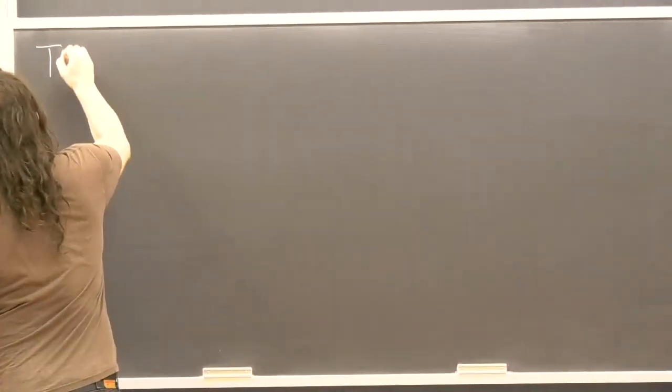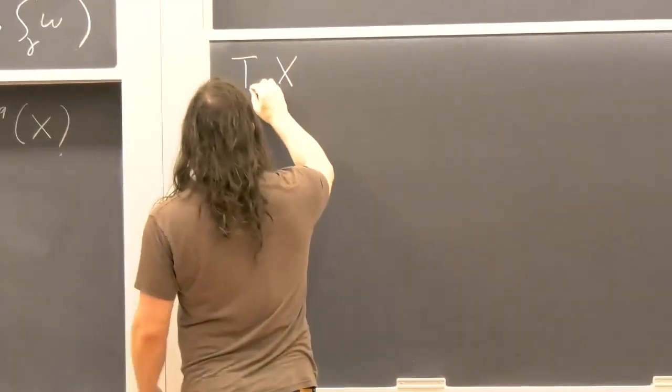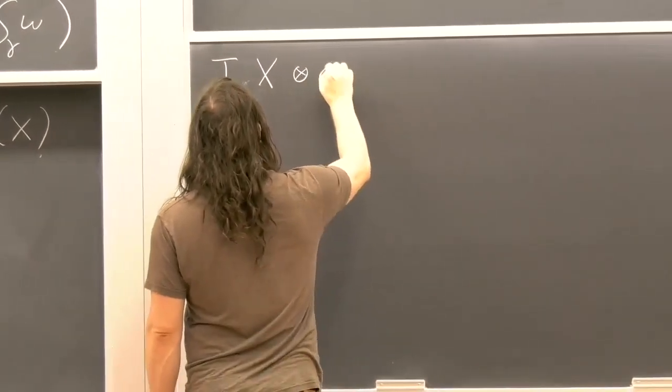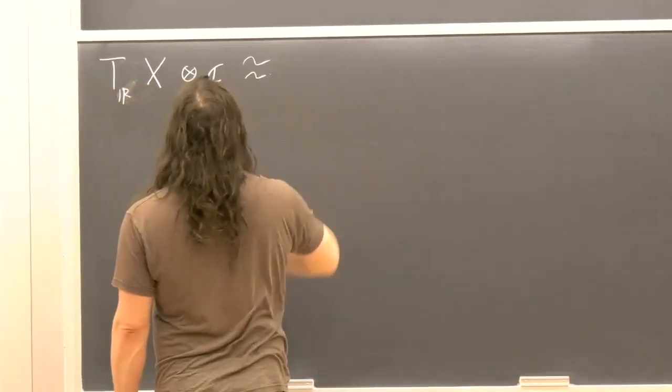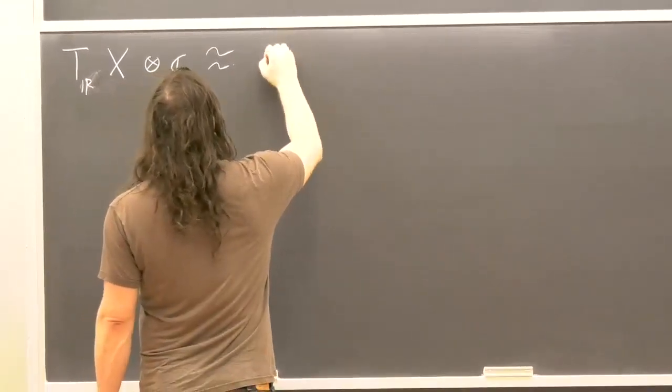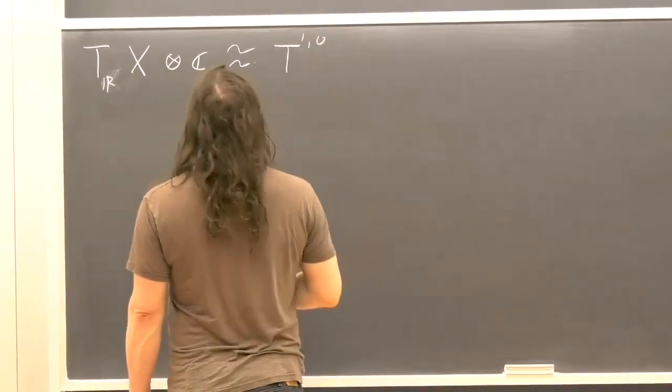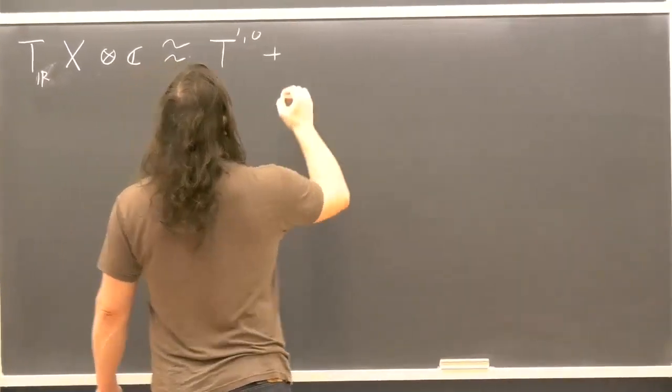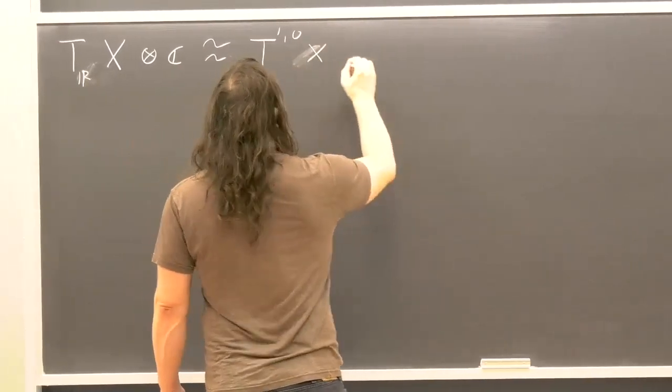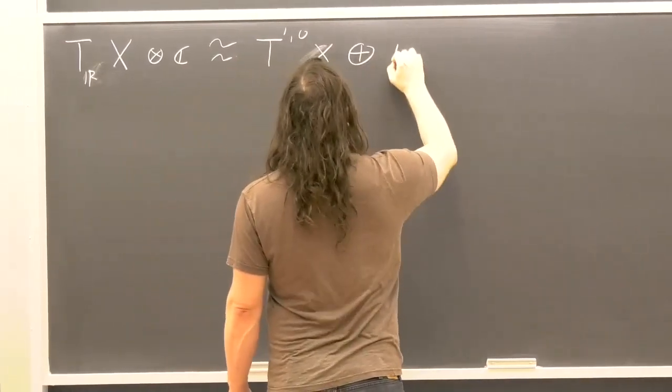If we look at the tangent space of X, the real tangent space tensor the complex numbers, this breaks up into the holomorphic part direct sum the anti-holomorphic part.